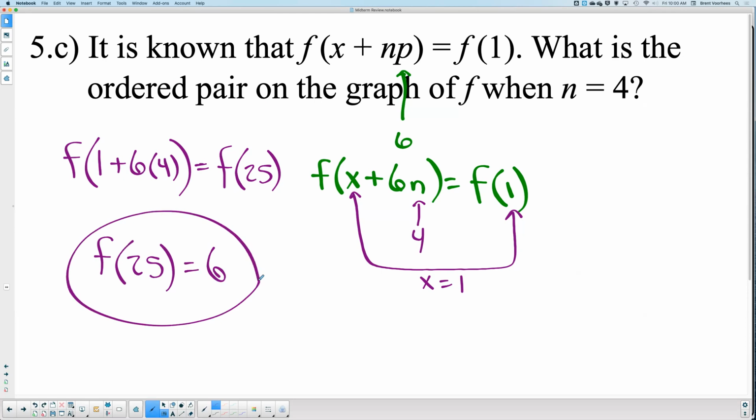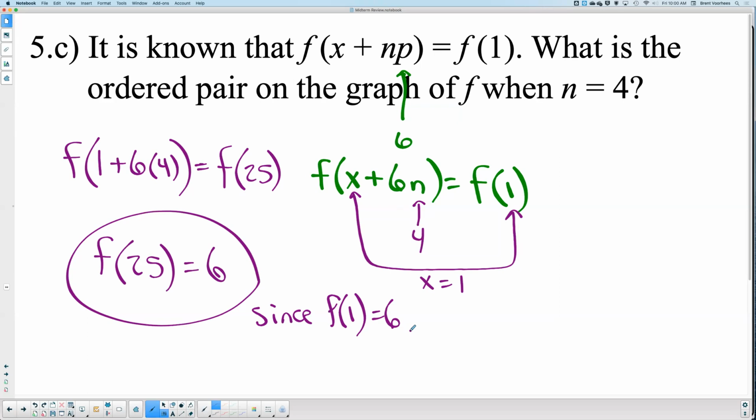Because it's a periodic function. Did we know f of 1? Since f of 1 was 6, anytime you add 6 to the x value, for the x value, every 6 units on the x-axis should repeat.